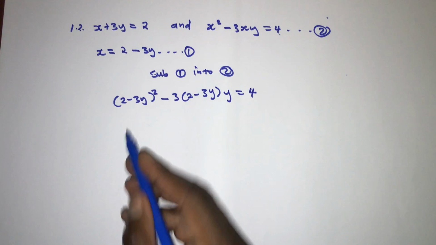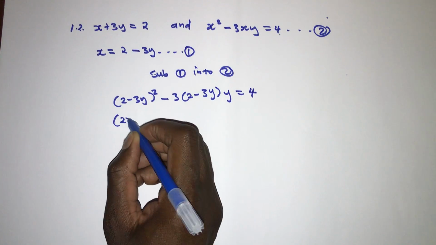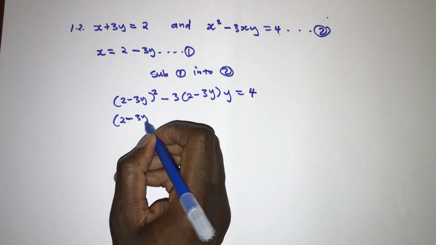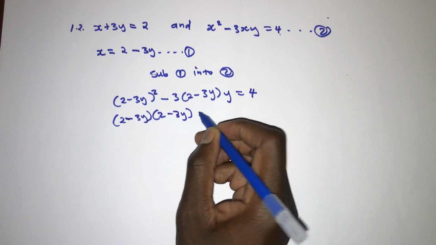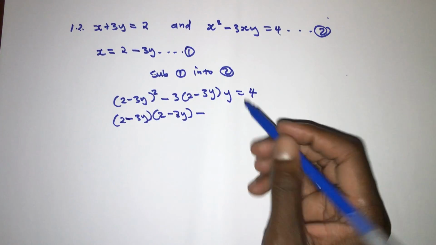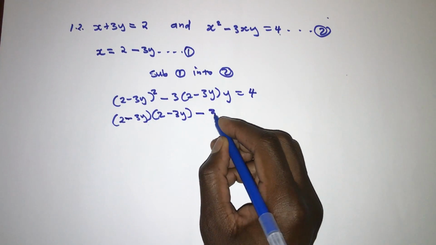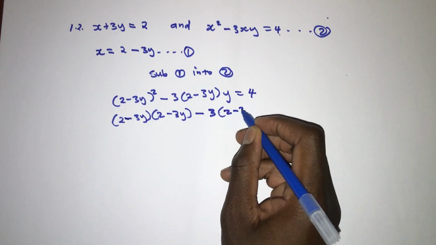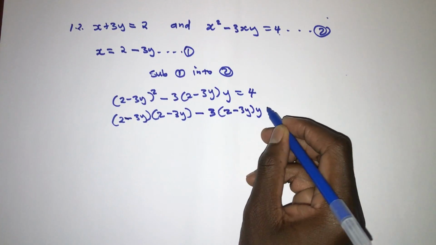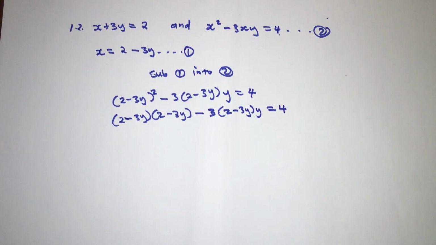So now let's do this. 2 minus 3y, 2 minus 3y, minus, and let me copy this one, 2 minus 3y, then y, then it's equals to 4.